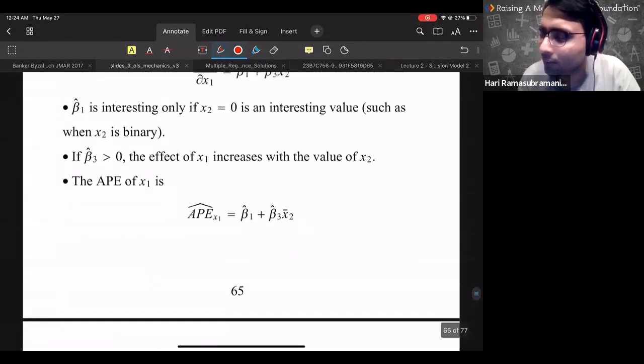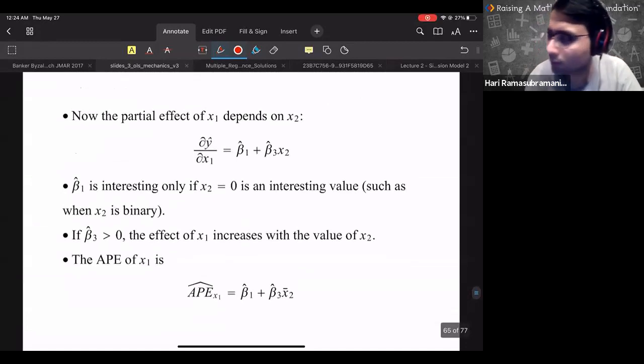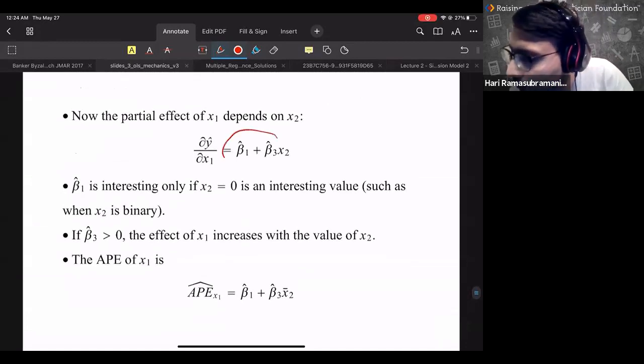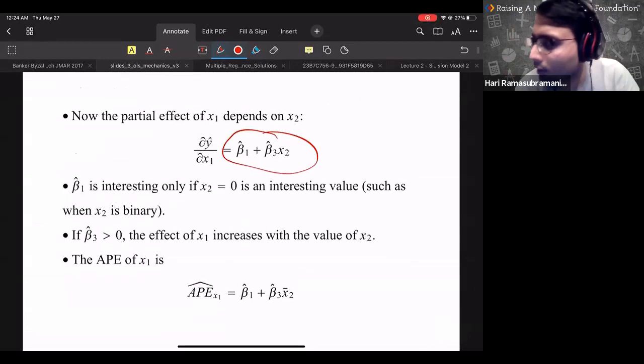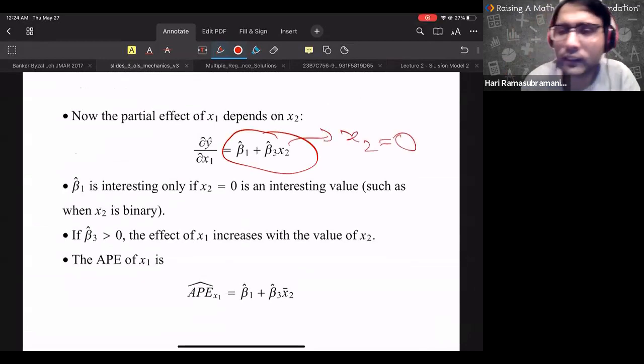And most often they will say no, and then I will say, yeah, it's not surprising that you don't get significance with x1. Go back, because the reason you do not get significance with x1 anymore is that your derivative is this, and x2 equal to 0 is not an interesting case at all. You don't have an x2 equal to 0 possibility in your sample. So that's why you're not getting good results. You have to substitute different values of x2 to even interpret that beta 1 hat.